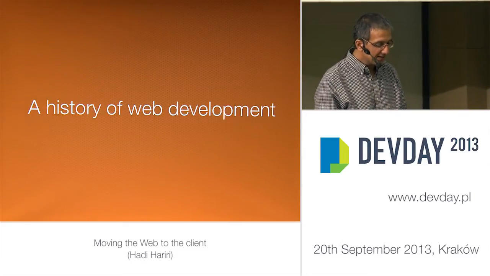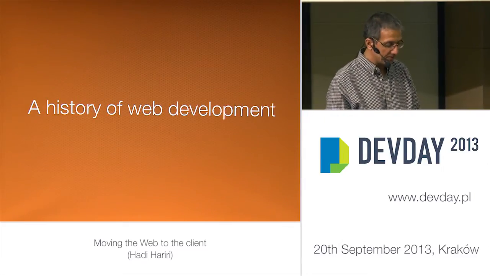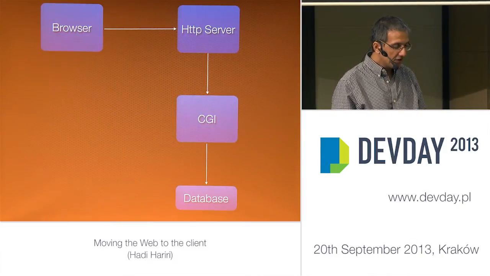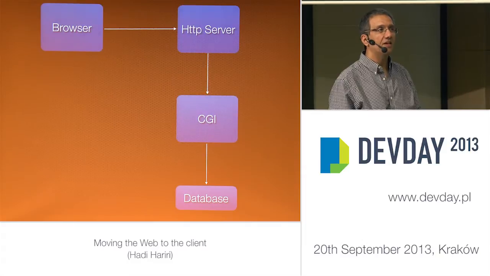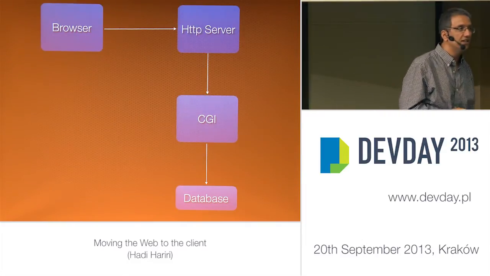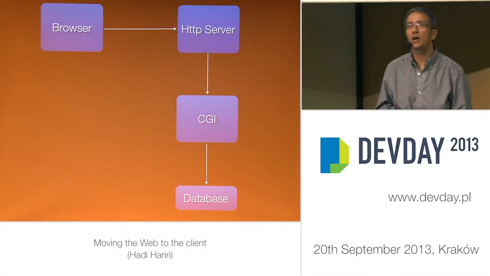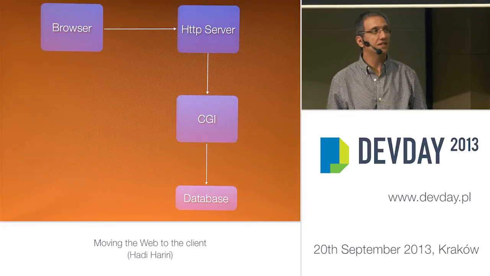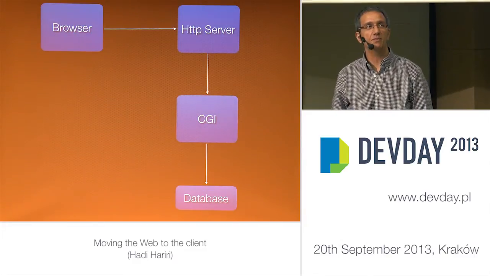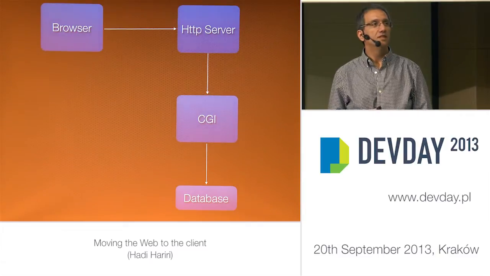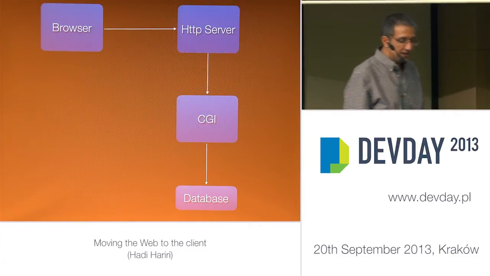Anyway, let's take a quick look at the history of web development, because I don't have a lot of time to talk. If you look at the typical web application, there's always been a browser with the HTTP server, and then you've had a CGI in the middle, the Common Gateway Interface, talking to a database. How many of you are old enough, like me, to have done CGI? Right, more or less.